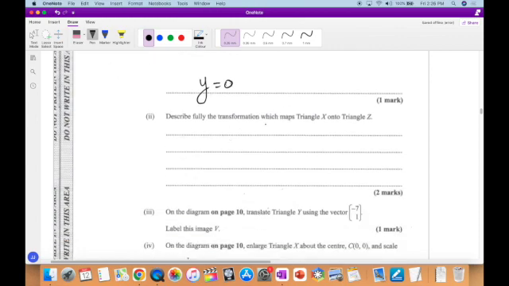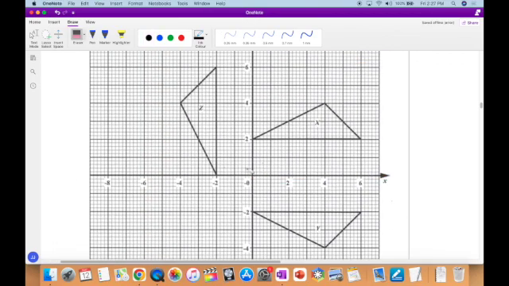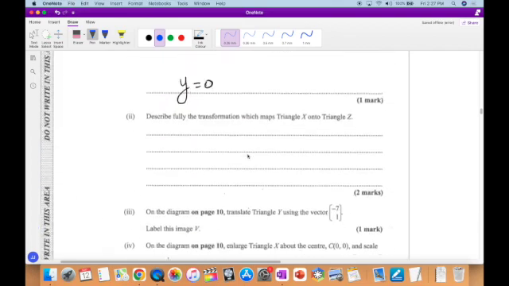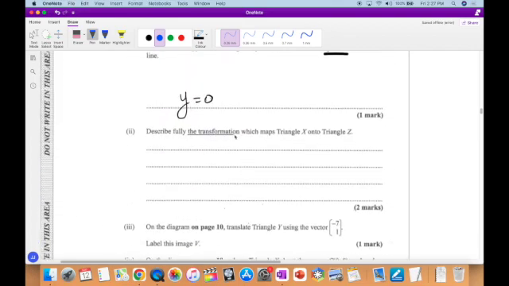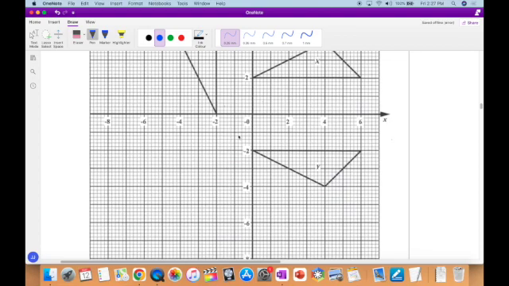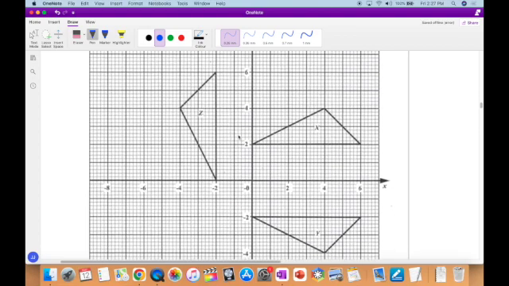Describe fully the transformation which maps X onto Z. So if we notice here, because they say describe fully the transformation, not transformations. Normally you could have, say, this could have been rotated 90 degrees about some center, and then it would be looking like this, and then you could have translated that way.